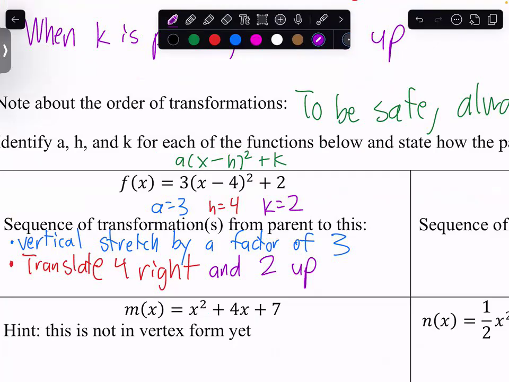Okay, so let me show you visually what we mean when we say, make the transformation. Okay, so I'll show this again in a second if you're still writing, but okay, so here's the parent function, just y equals x squared. Let me make it a little bit bolder, easier to see.